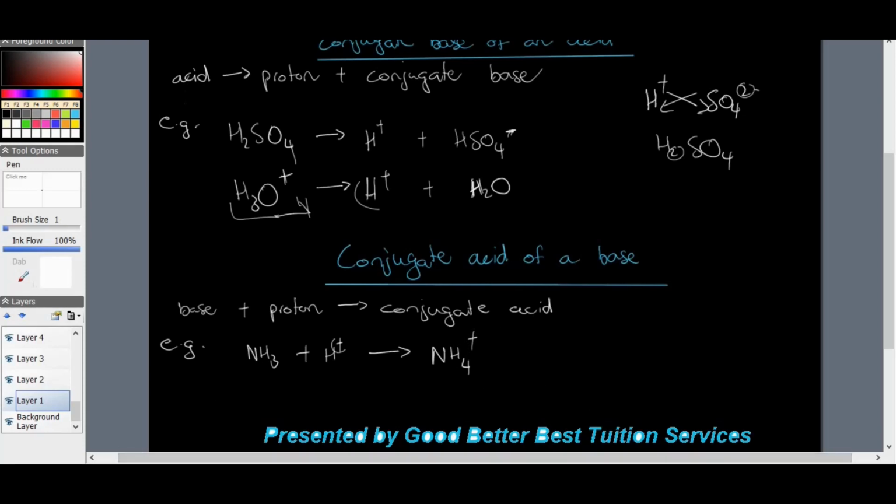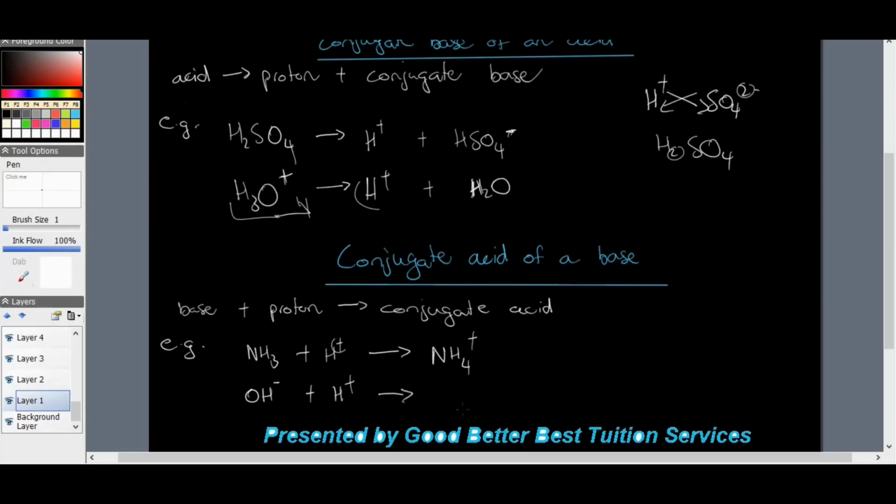Now, let's take another example. We have OH-, which is hydroxide. We know hydroxide is negatively ionized, a negative molecule. Now we add a positive proton to it, so we're adding a plus to a minus, basically.